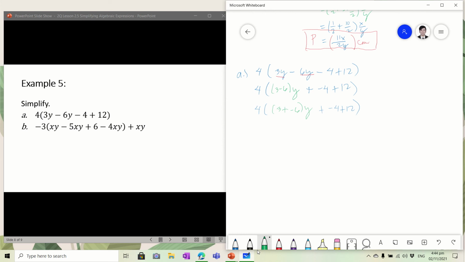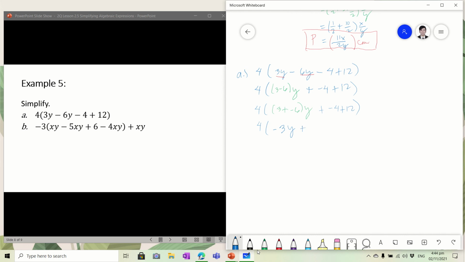So in other words, you need to subtract both numbers. 6 minus 3 is a 3. Then the sign is negative, because the absolute value of negative 6 is greater than the absolute value of 3. So we copy the sign of negative 6. So negative 3y.